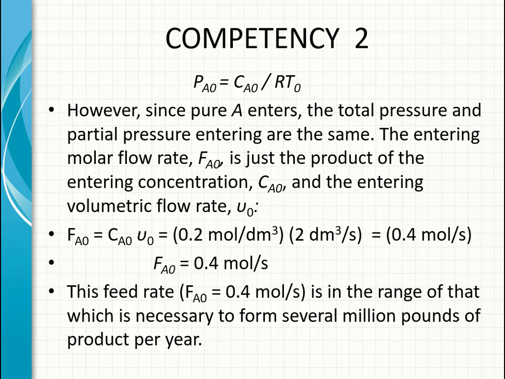This feed rate of 0.4 moles per second is in the range of what is necessary to form several million pounds of product per year, and we are going to use this molar flow rate in different problems later on.